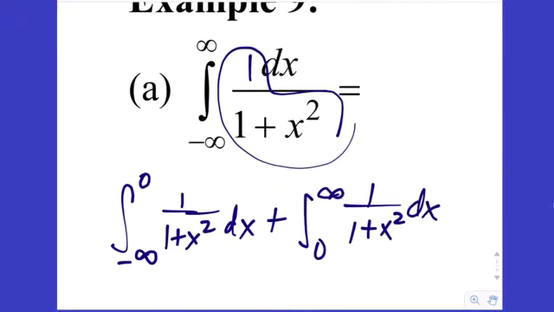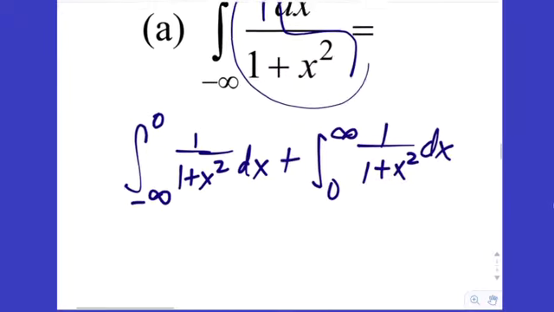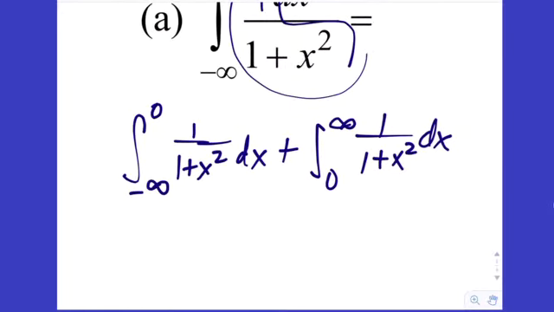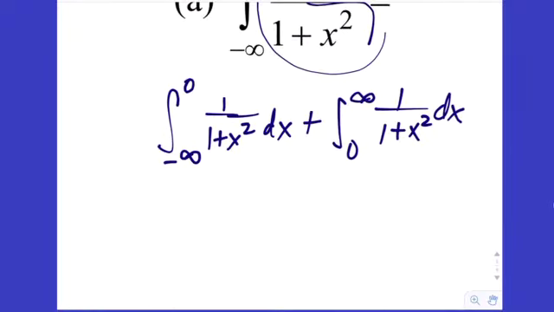Okay, so 0 is just some arbitrary value in the domain, but it's a very convenient value. And now, of course, I can evaluate them. Now, if this were a multiple choice question, I would probably still recommend doing this, but you wouldn't have to worry about the limit. Now with the free response notation.